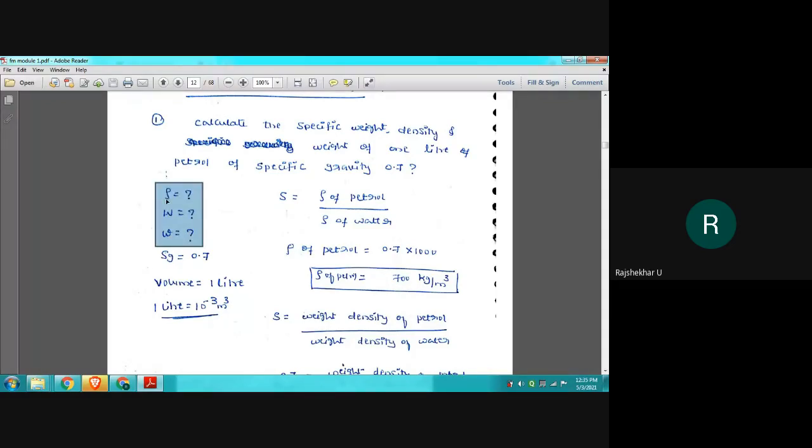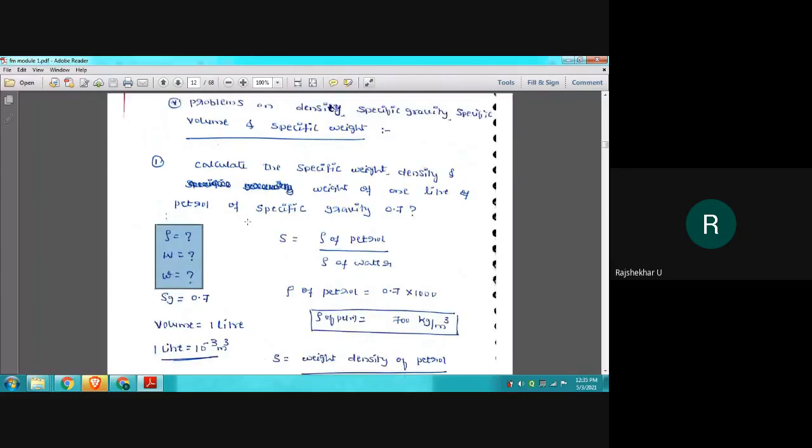Rho, what is density? Mass per unit volume. Exactly. So you should know the mass of the petrol and the volume of the petrol. Yes, that is one thing. How about specific weight?